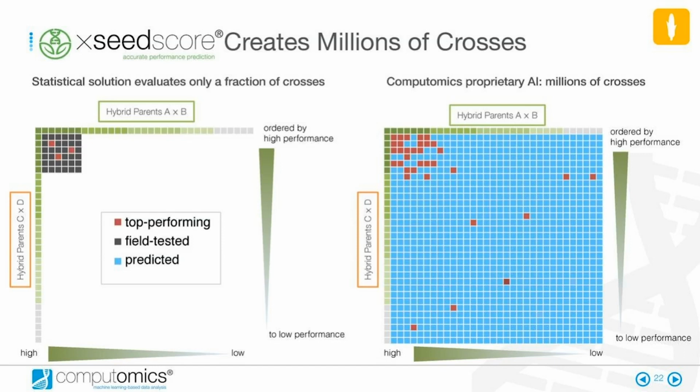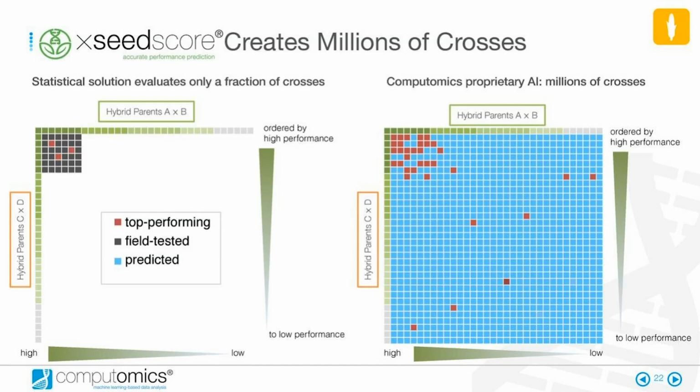The hybrids of these crosses are represented by the dark gray cells in the left-hand matrix. And the red ones are the top-performing ones, as predicted by, for example, classical statistical models.